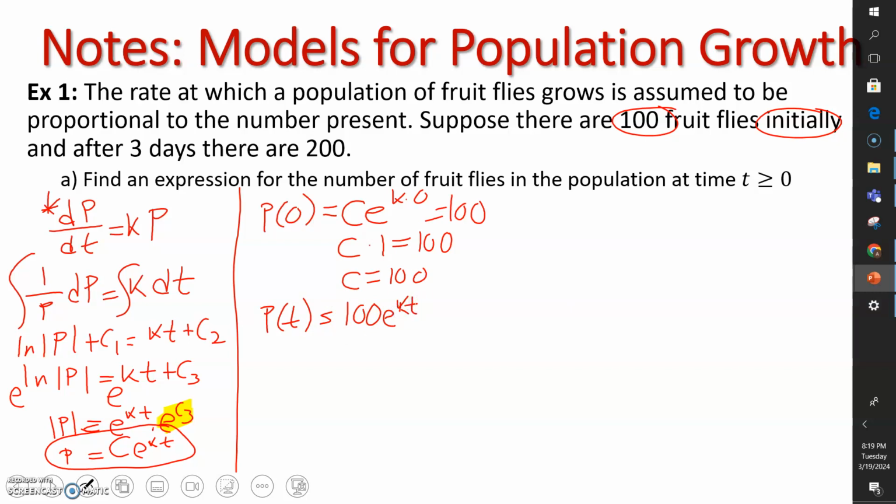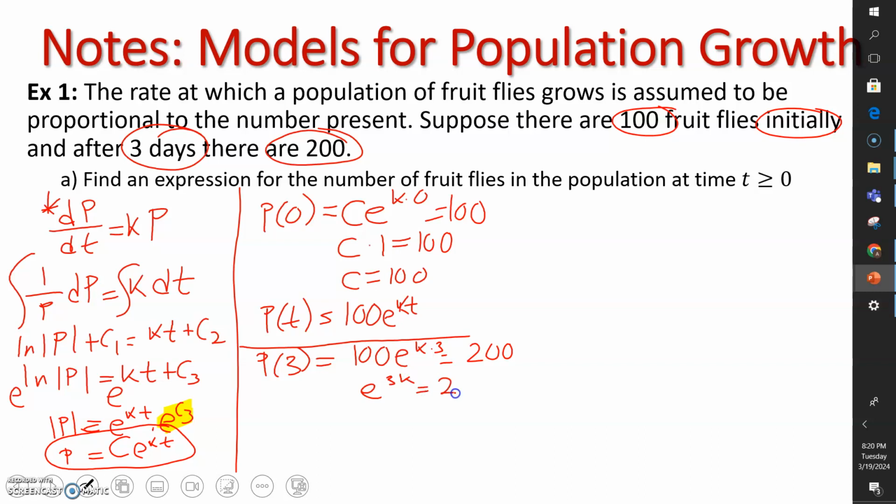Now from here, they gave me more information. They told me that at 3 days, we're at 200. So let's take that information and plug that in. So the population at 3 days would be 100 e to the k times 3 is 200. Now we're going to solve this exponential equation. Let's start by dividing both sides by 100, and we get e to the 3k is 2.